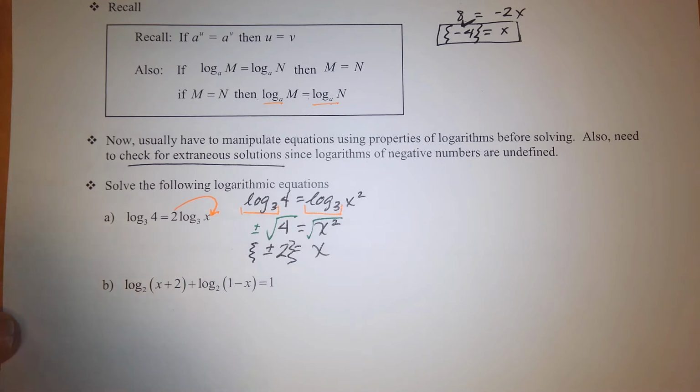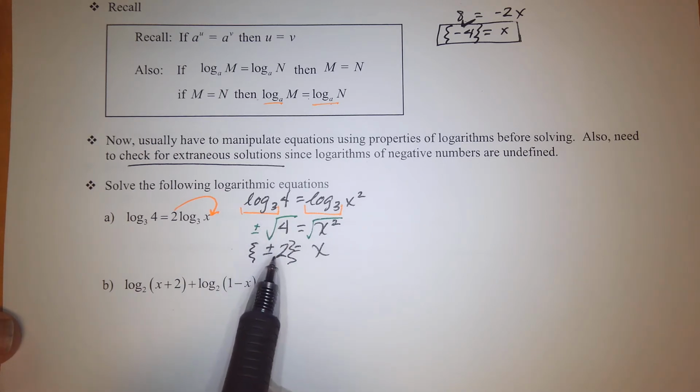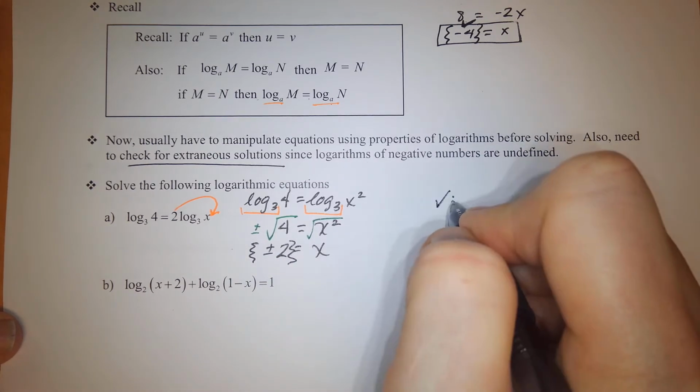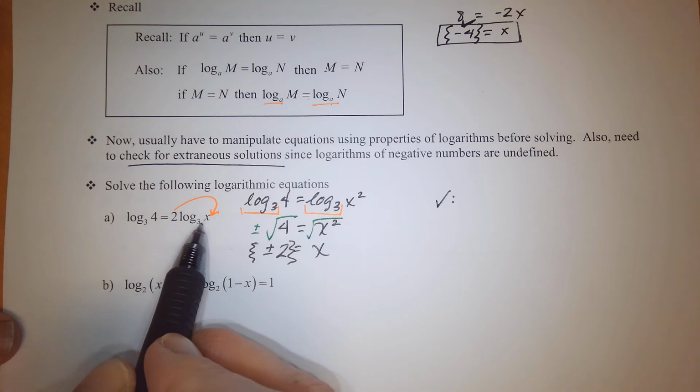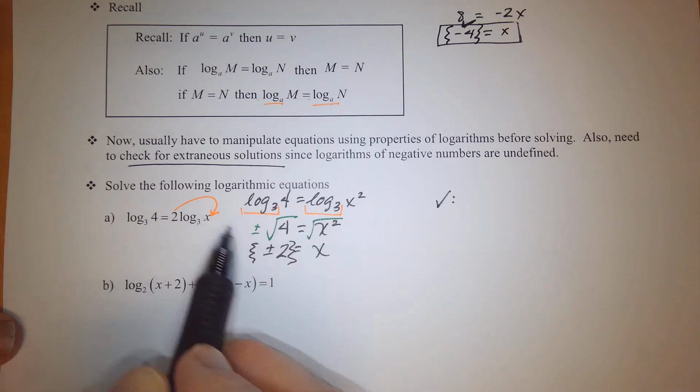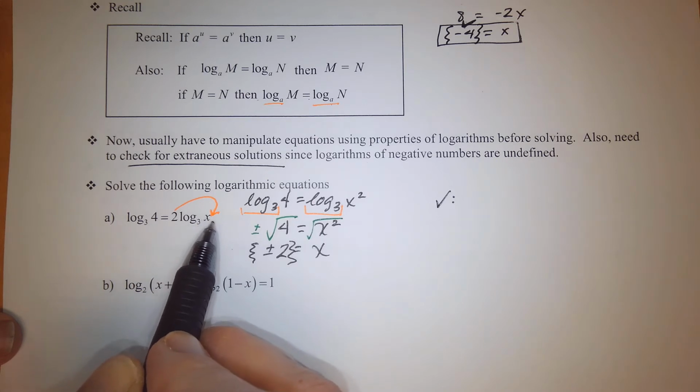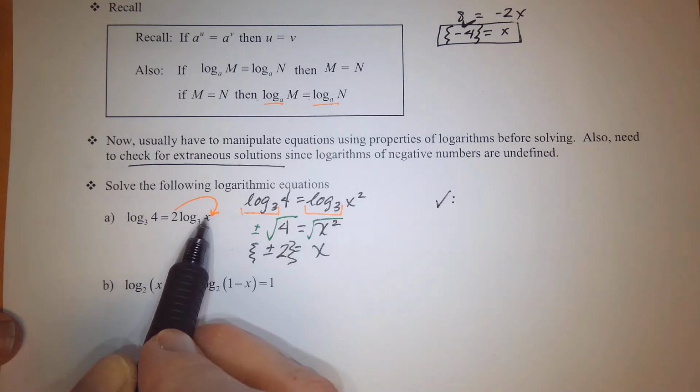Now again, before I decide that those are the only two solutions, we must check for extraneous solutions first. So let's put 2 in for x. Well, x is the only thing in the argument field, so when I put 2 in for x, that makes my argument positive, so 2 checks out.